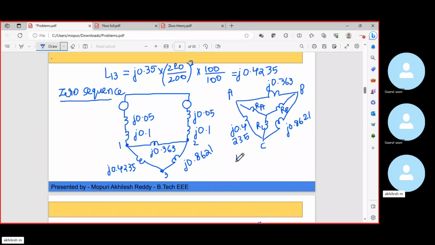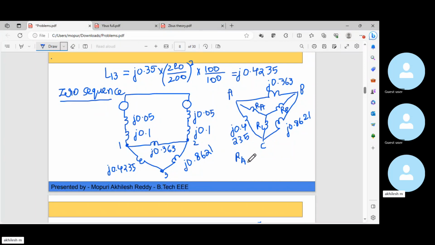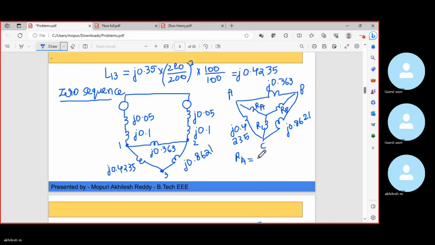RA is RAB into RAC divided by the sum of all, that is RAB plus RBC plus RAC.